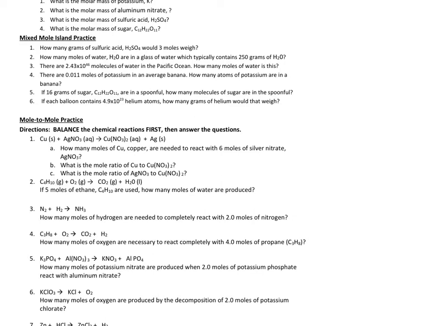All right, so that was our first section for this practice on Go Formative. The second section is our mixed mole island practice. This was, again, what we did last week in converting between moles and grams and moles and atoms. So we have 2 different conversion factors for this. We know that 1 mole is equal to 6.02 times 10 to the 23rd atoms, or molecules.